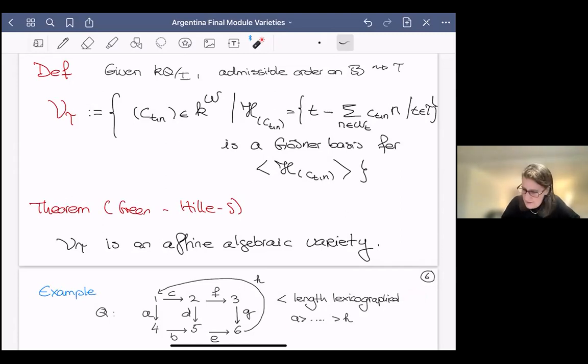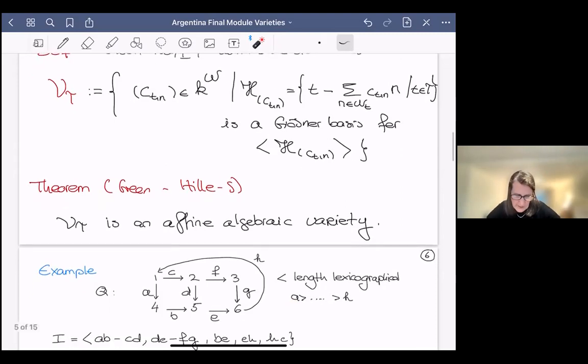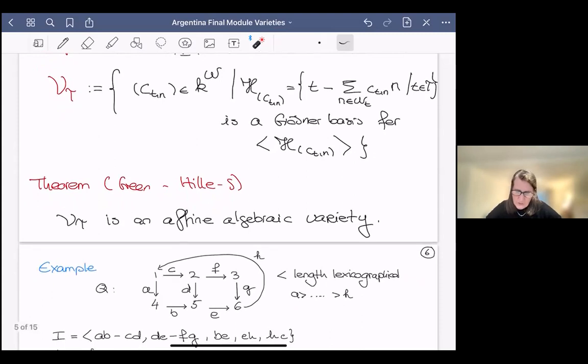And for that, I order the arrows by stipulating that A is bigger than B and so on, down to H.